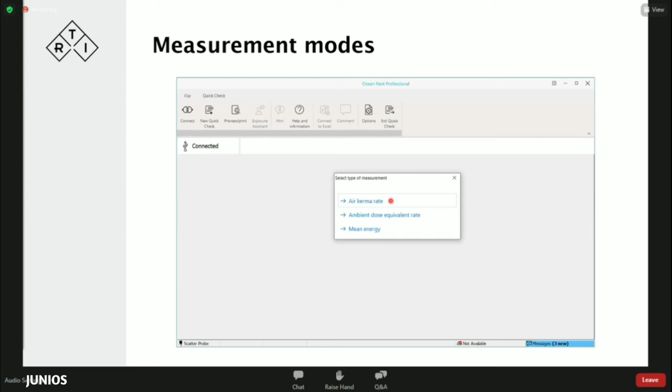And if we select mean energy, then we are showing the mean energy in keV of the scattered spectrum, and the HVL is presented as well. Just take note that the mean energy in keV is different from the kVp, which is the kilovoltage peak that you would usually see in the control console of the machine. So that's the first decision that you would have to make.